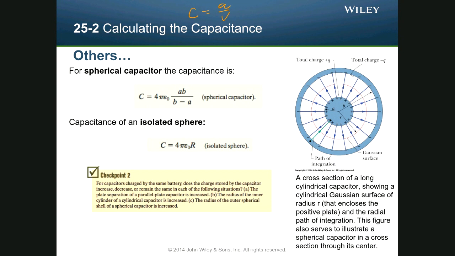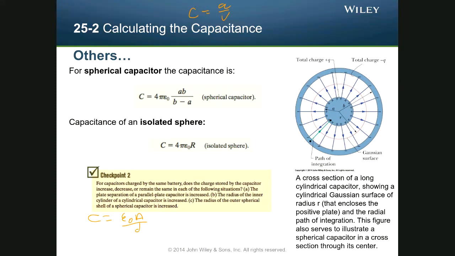So if we increase the distance, let's take a look at the capacitance. C is equal to epsilon naught times the area over the distance.